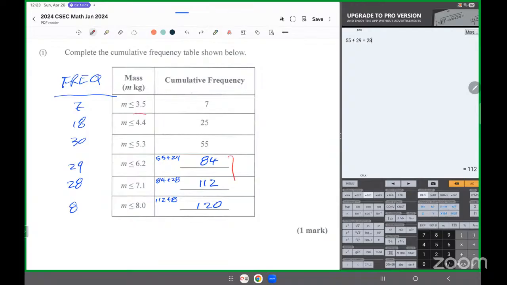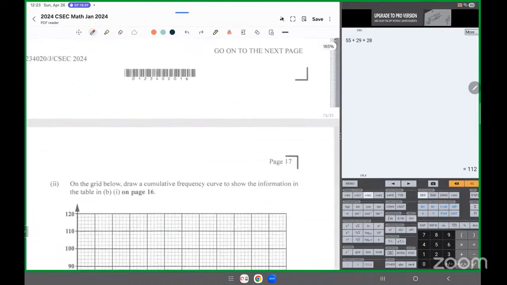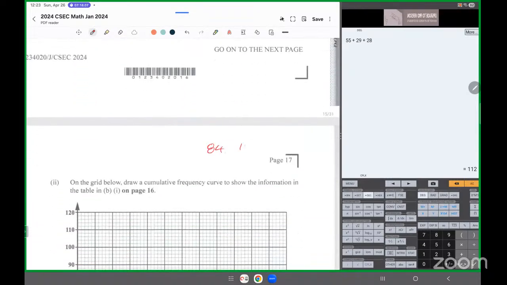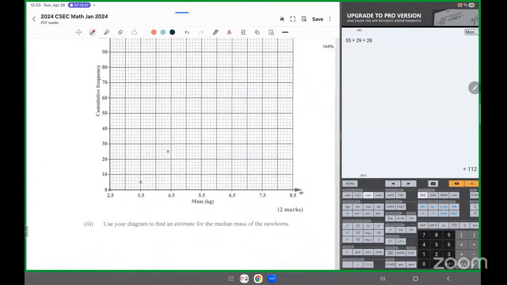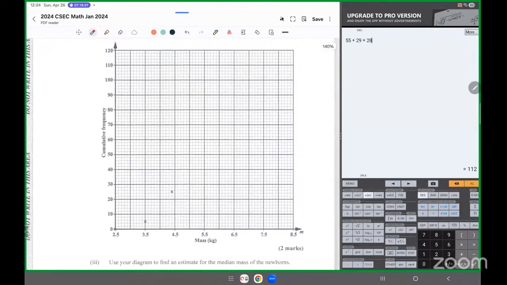So the next three values we have to put in are 84, 112, and 120. Those are the next three values I must put on at those boundary values.